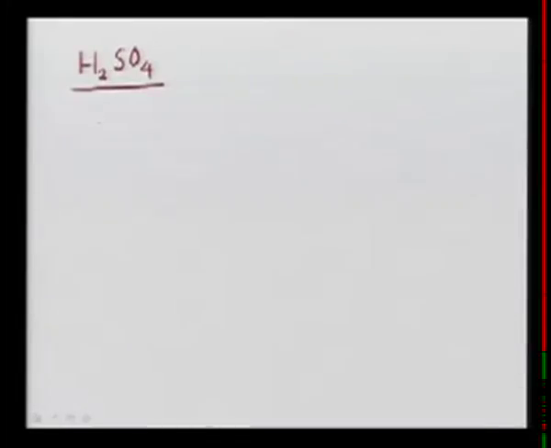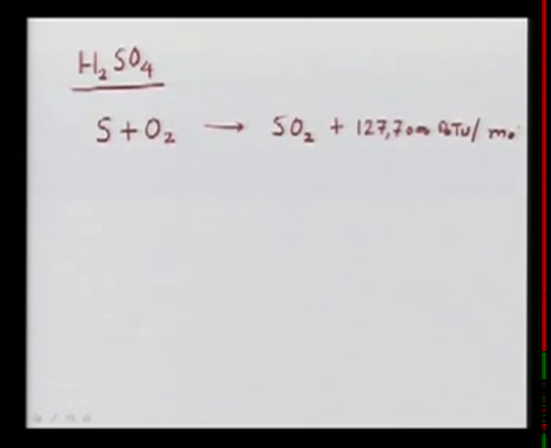So the basic principle of H2SO4 production is that sulfur is burnt to produce sulfur dioxide, SO2, plus you get lots of heat, something close to 107,000 BTU per mole. That's a significant amount of energy that you get from here. So this is the heat, let's call it delta H.